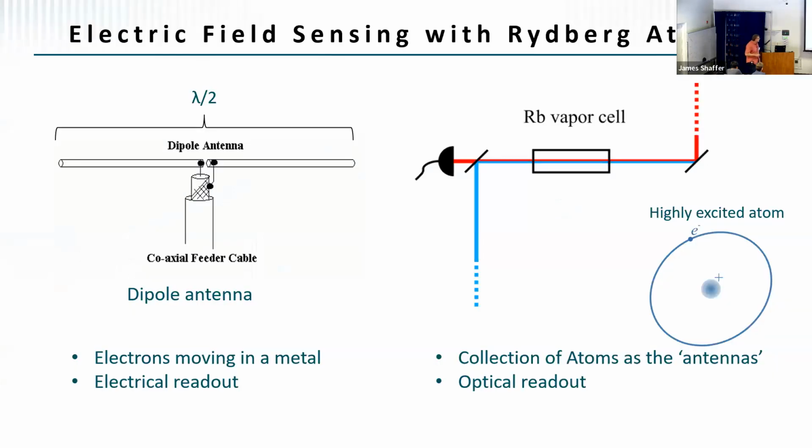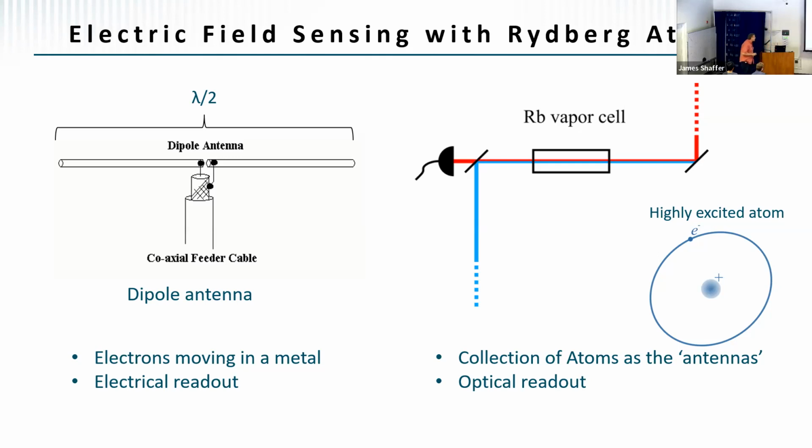Just to remind you, what we're doing here is we have light that sets atoms up so that they're very sensitive to radio frequency fields that are incident on this sensor. This is a container for atoms, a vapor cell, and the part I'm going to talk about this morning is the effect of the vapor cell.